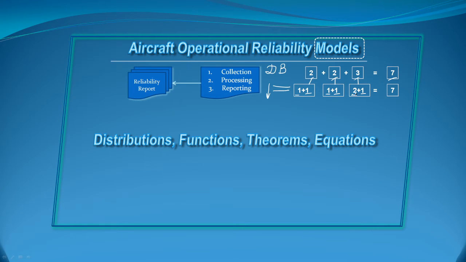Now, we can ask, so what? 1 plus 1 plus here, and here also plus. The answer is also 7. Yes, the answer is 7, but as we can see, even from a mathematical perspective, even the combinations of numbers are different.